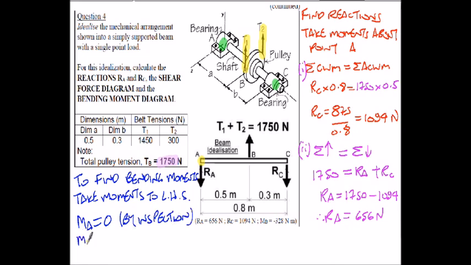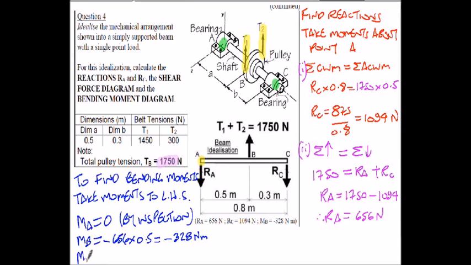The bending moment at B is equal to the negative RA, RA in this case is 656, so it's negative 656 multiplied by the 0.5. So that gives a value of negative, in this case, 328 Newton meters.